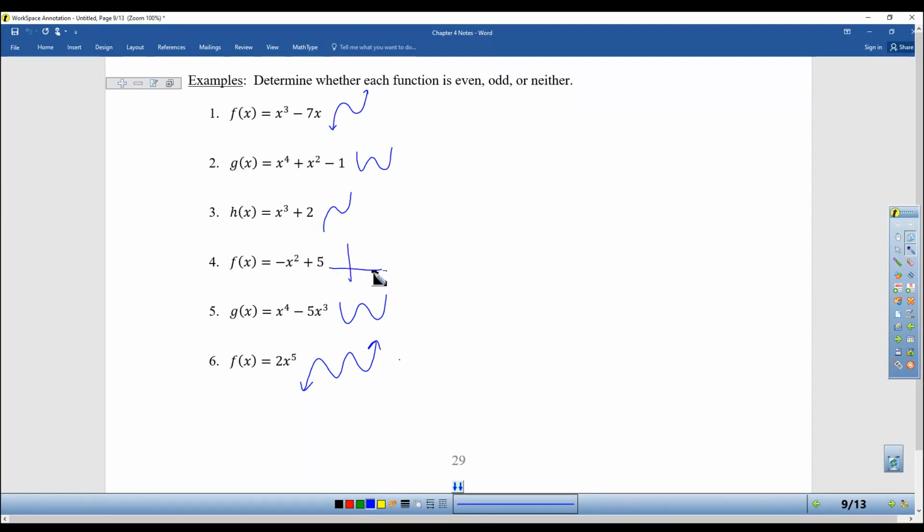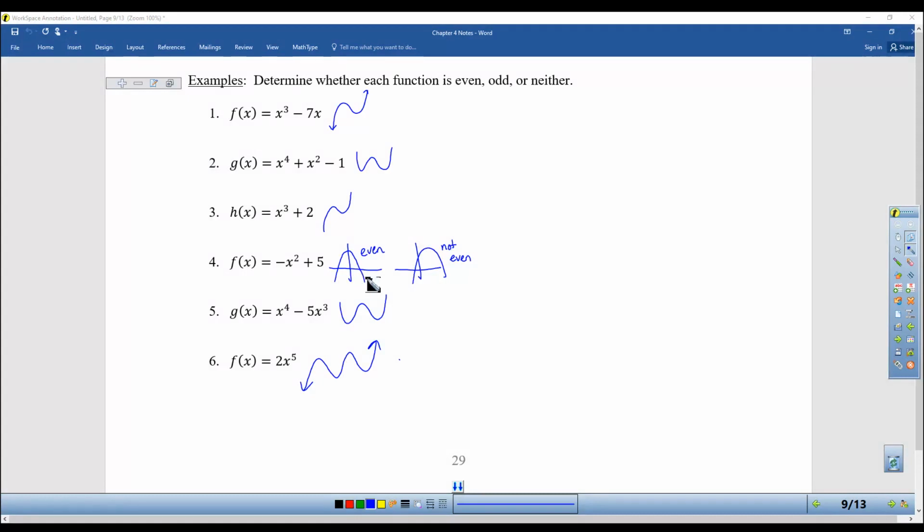If it's off center at all, then it's no longer even. So it's not just symmetry within itself. All parabolas are symmetric within themselves. It has to be symmetric specifically around the axis.